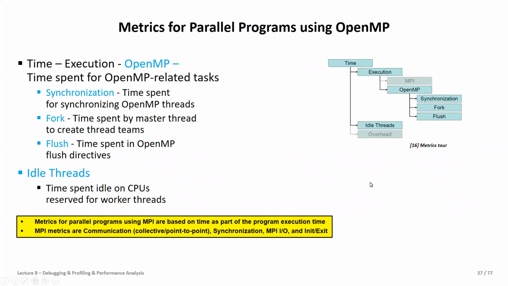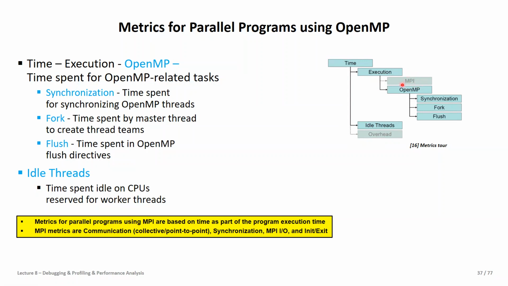Now for OpenMP, that looks a little bit different. Still, the principal idea is similar. We have time, right? And we have, neglecting the overhead of the measurement, idle threads that we can measure, which are actually not really used in the execution. It's already a big indicator that something maybe can be improved. And then execution time, which is of course not MPI now, that's what we have already, but think about hybrid programming.